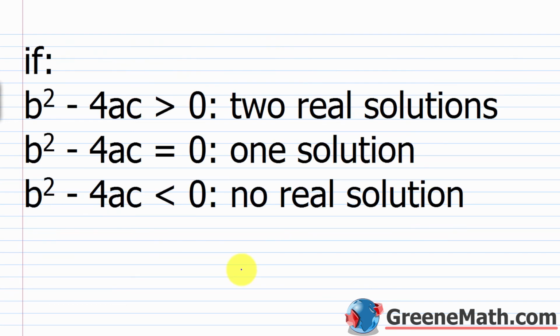All right, so now let's talk about the discriminant. You'll recall when we solved quadratic equations, we saw ax squared plus bx plus c equals 0, and we derived the quadratic formula.